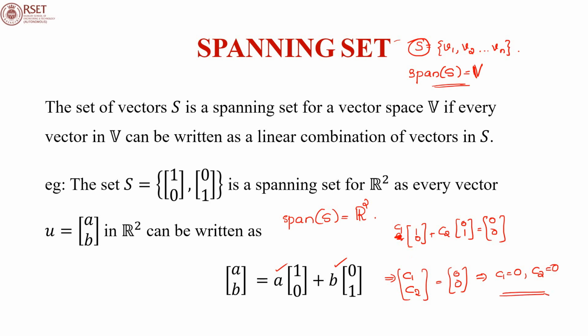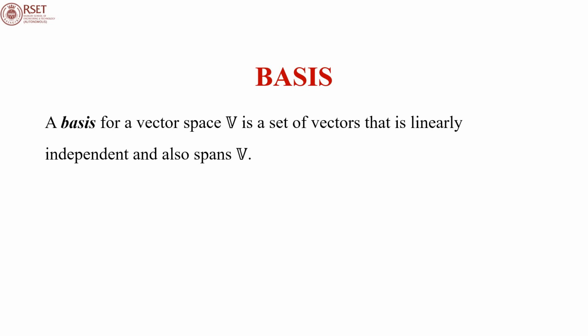So the only solution for the equation C1 V1 plus C2 V2 equal to 0 is C1 equal to C2 equal to 0. So this set S equal to {(1, 0), (0, 1)} is a spanning set and a linearly independent set, which means that this is a basis for R2.